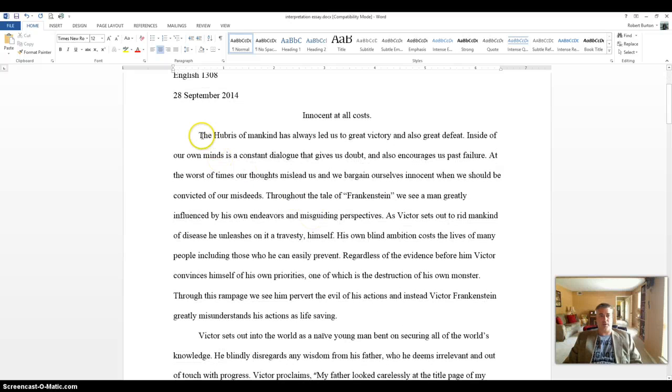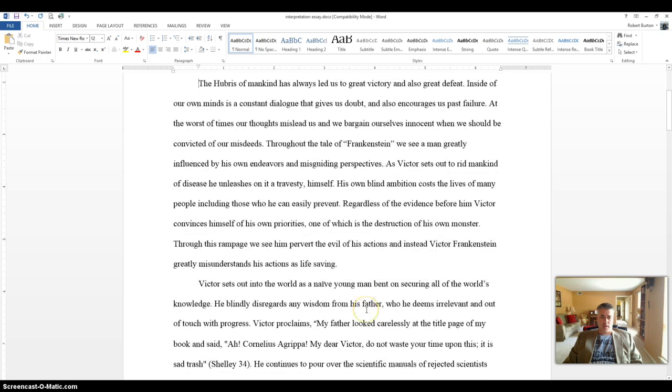All right, let's look at this first paragraph here. I'm not going to read it, but we're going to look through it to see if we can find the thesis. The thesis ought to be occurring somewhere down here. And the problem I think we see is that it's not real clear what his thesis is.